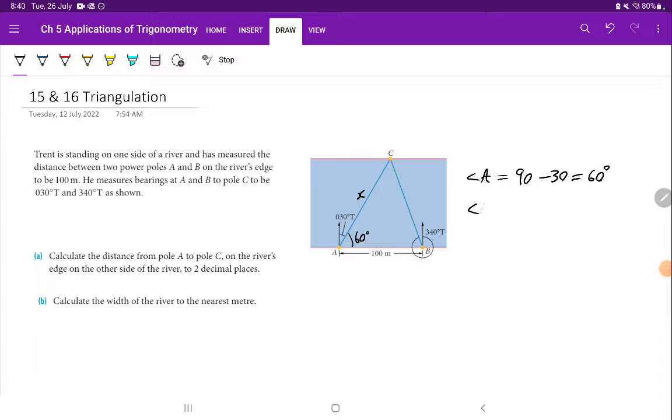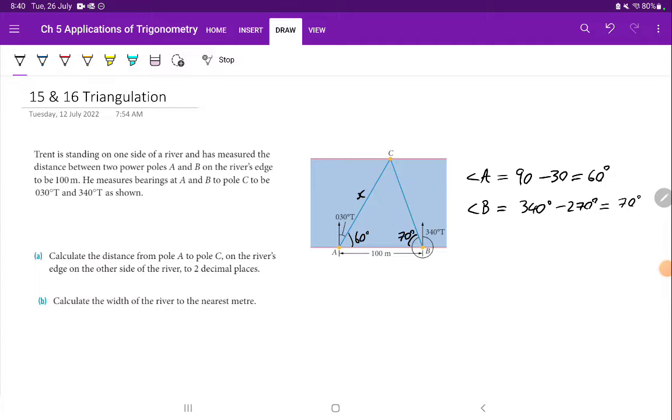So to find angle B, we can just go 340 degrees, since that's bigger than 270, minus 270 degrees. And that's going to be equal to 70 degrees, which is this internal angle here.